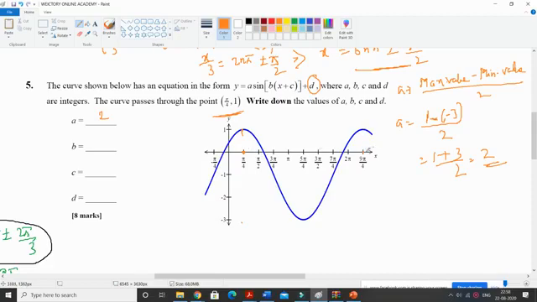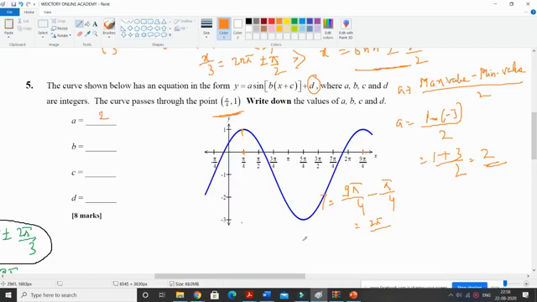So one complete oscillation starts from pi over 4 and goes to 9 pi over 4. So the period of this function is 9 pi over 4 minus pi over 4, which will give you 8 pi over 4, which is 2 pi. So the period of this function is 2 pi.